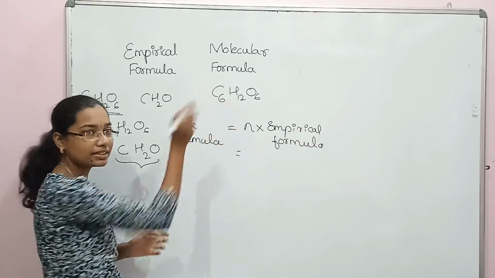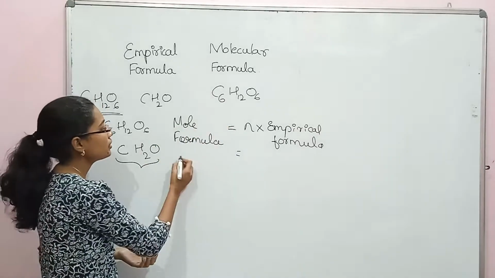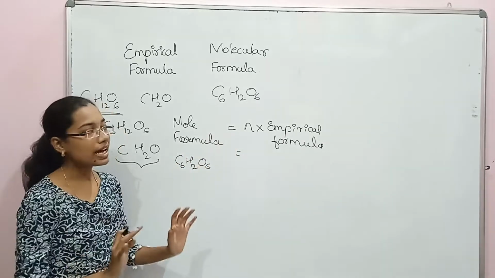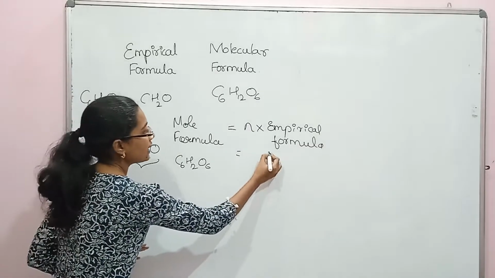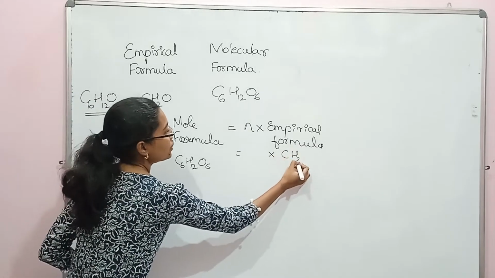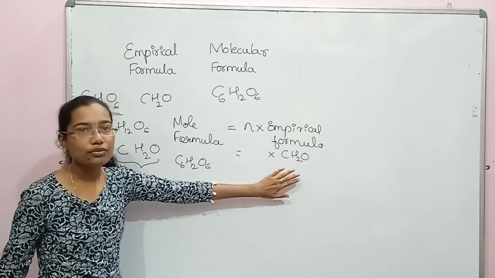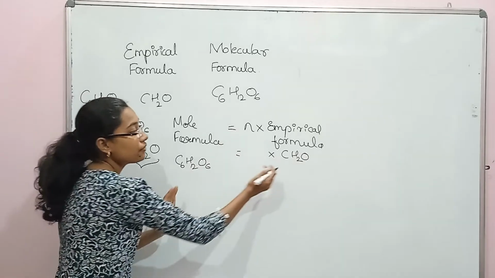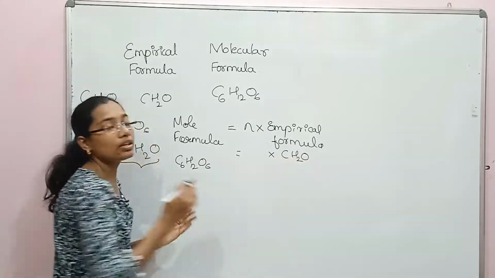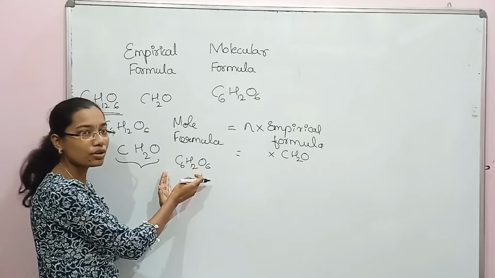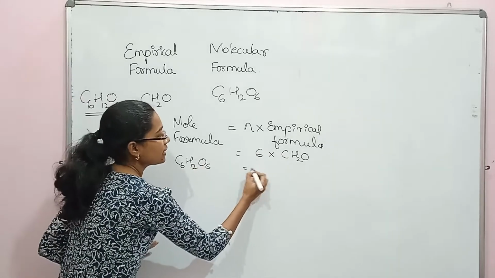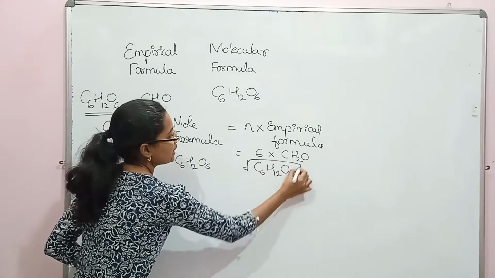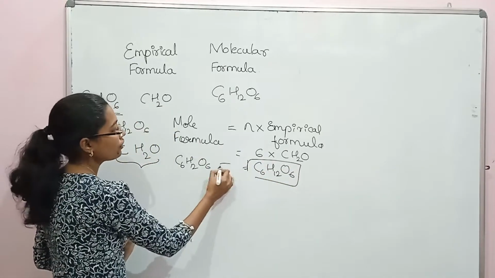For example, take glucose. Glucose is C6H12O6. If we have only the empirical formula, that is CH2O, this is the empirical formula of glucose. Now N is 6. If we multiply this empirical formula with 6, then we'll get C6H12O6, which is nothing but the molecular formula of glucose.